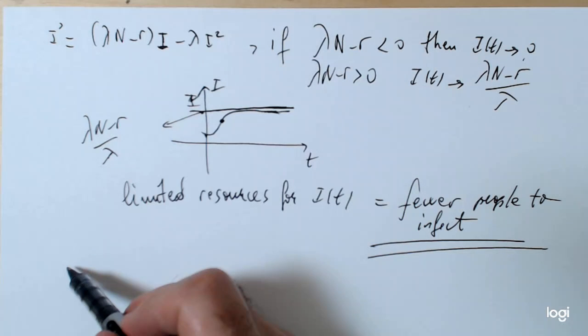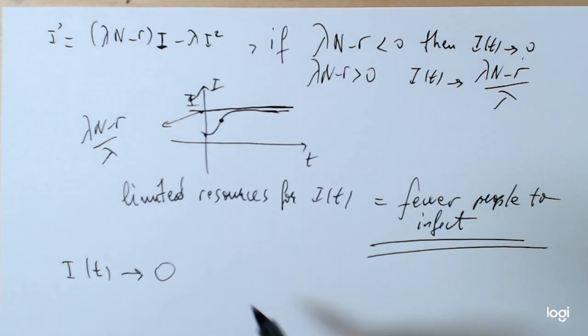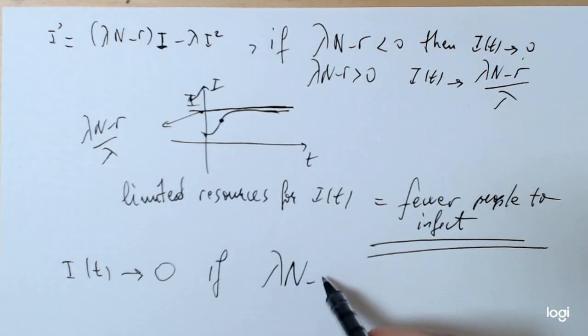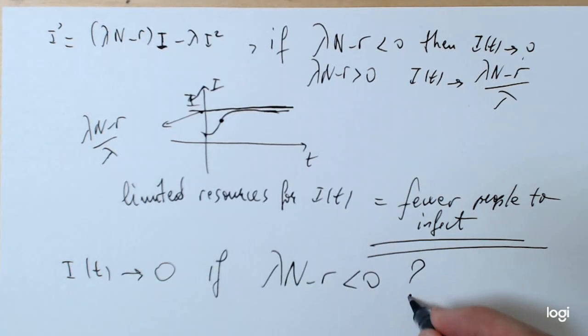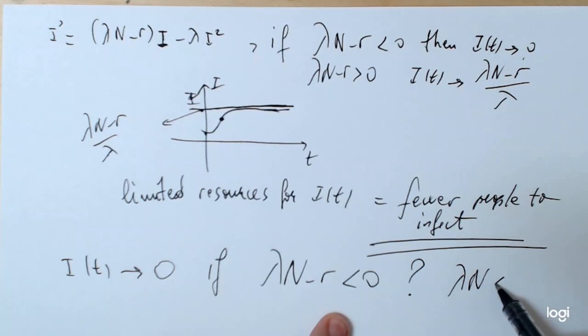So for instance, does it make sense that the infected class goes to zero if lambda n minus r is less than zero? Well, think about what this inequality essentially suggests. It says basically that the recovery rate should be greater than some constant. If it was the opposite, you should realize you made a mistake somewhere, okay?